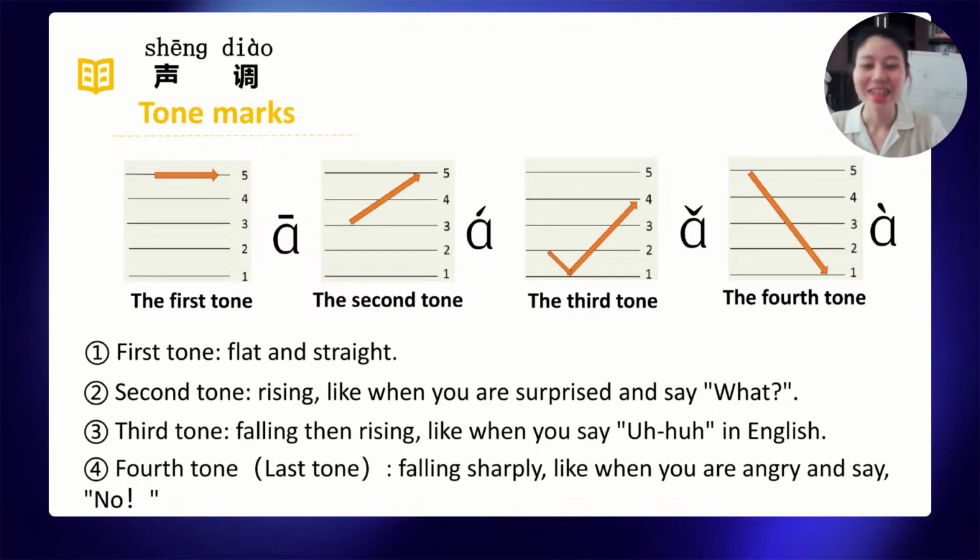So when you get angry, if people ask you to do something and you don't want to, you want to answer no, right? Say that angrily. Okay, no. So that pronunciation in Chinese also can be pronounced like that.